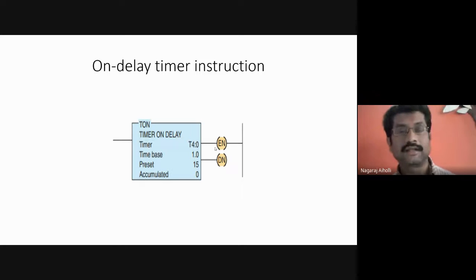Suppose it is in between. If you take the status in between the timing operation of the timer, then the status of all these bits will be different. This is during the startup. The timer is not yet started. Under that step, they have shown this timer status.